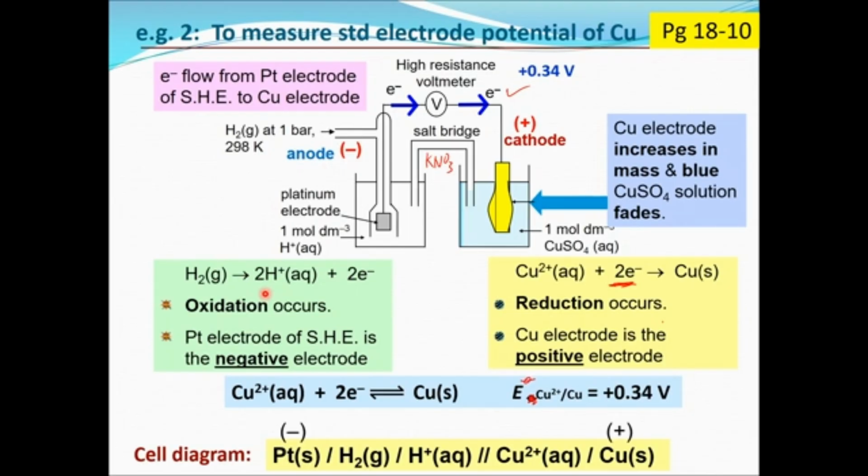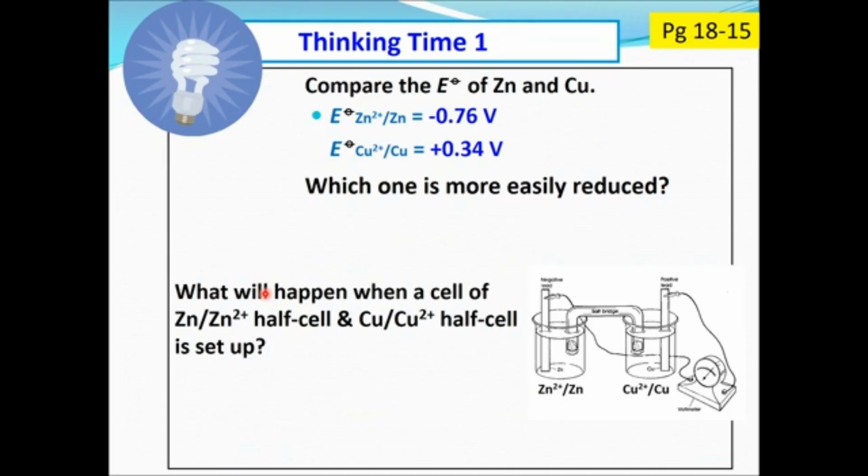With that and these 2 half cells, we can consider a bit of thinking time. Let's take a look at this, right? Which one is more easily reduced between these 2 half cells? This is under your thinking time 1, under the same page. So if you consider the values, I hope you got it right. The more positive one will be reduced.